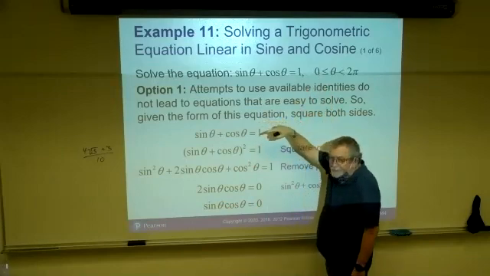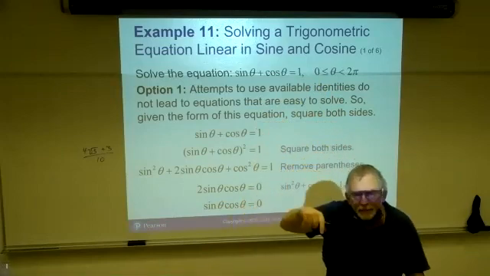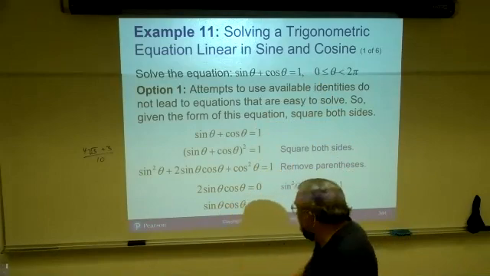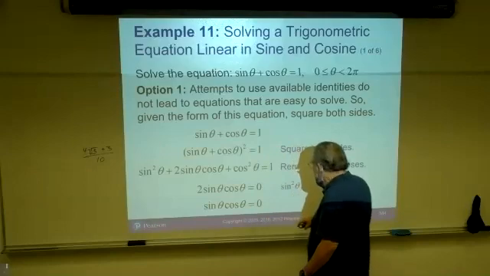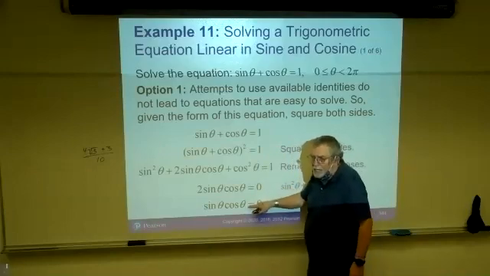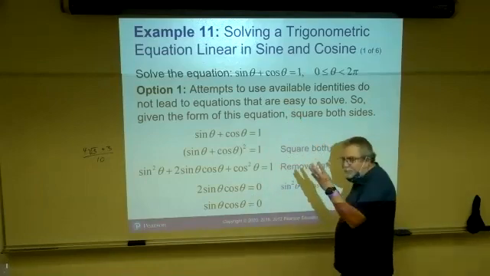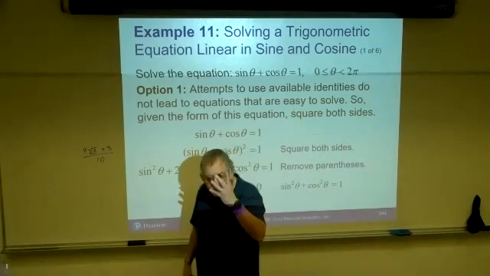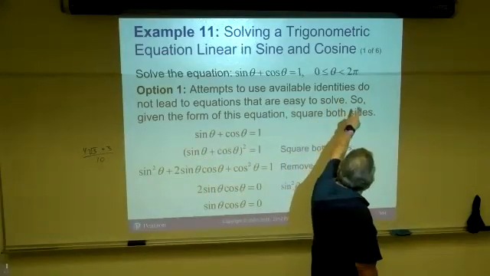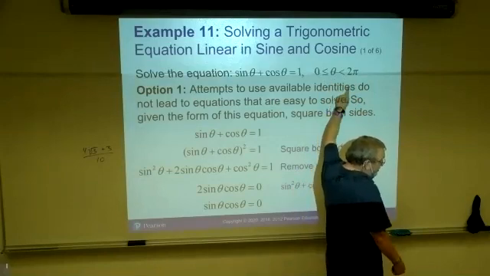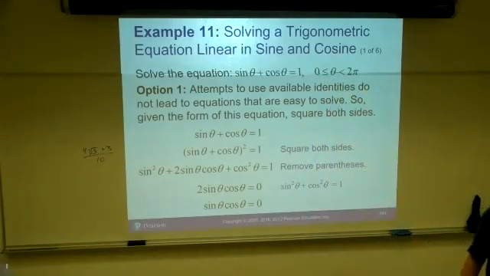Or pi. So sine is 0 at 0 and at pi. That's when sine is 0. And cosine is 0 at pi over 2 and 3 pi over 2. So you get not just 2 answers, you get 4 answers. Because we're talking from 0 to 2 pi, not including 2 pi, because they're considering 2 pi and 0 to be the same, because the coordinates of that on the unit circle is the same point.